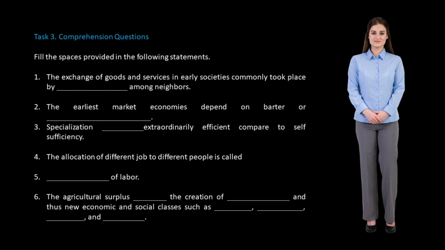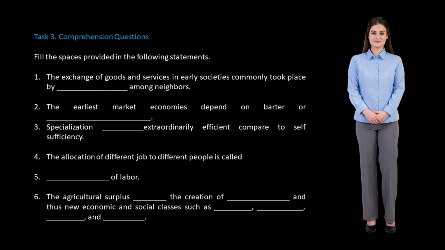Task 3. Comprehension questions. Fill the spaces provided in the following statements. 1. The exchange of goods and services in early societies commonly took place among neighbors. 2. The earliest market economies depend on barter, or. 3. Specialization.